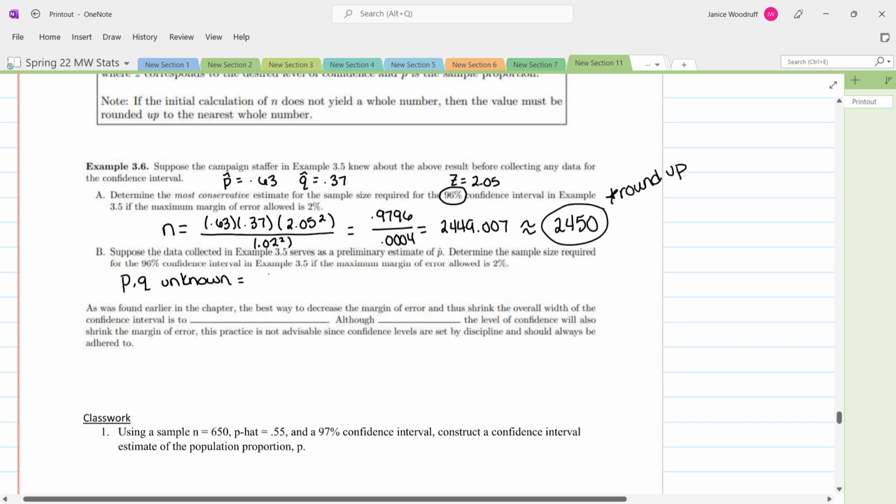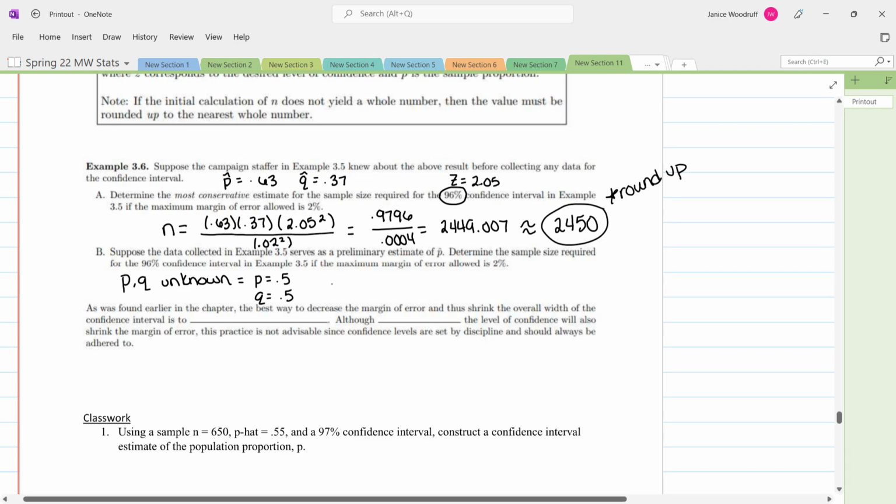I'm just going to estimate that P is 0.5 and Q is 0.5. Okay, and I want to do a 96% confidence interval. I need a maximum margin of error of 2%.